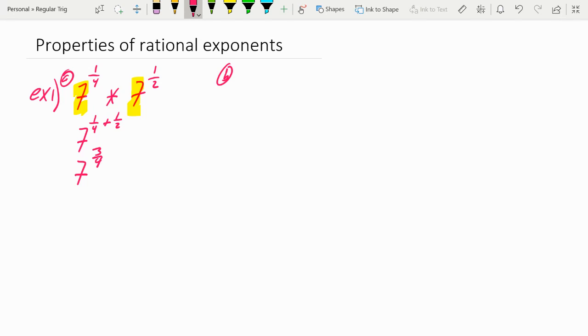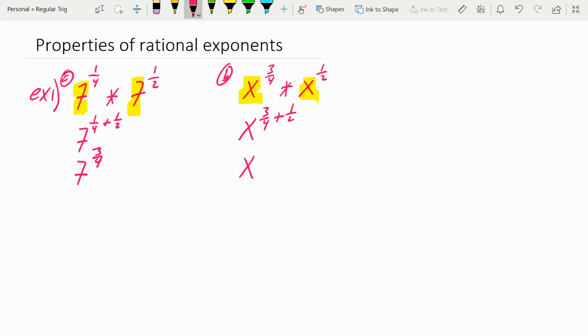Part B. Let's look at this one. Let's say I gave you x to the 3/4 times x to the 1/2 power. Again, the bases are the same. We add the exponents. Do I care that they're fractions? Nope. I don't care.